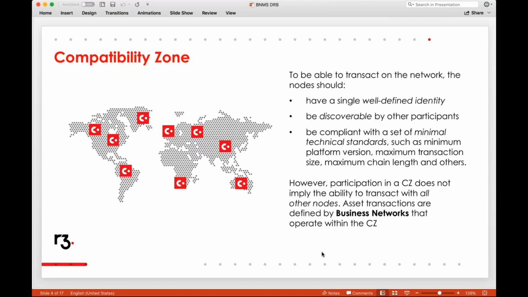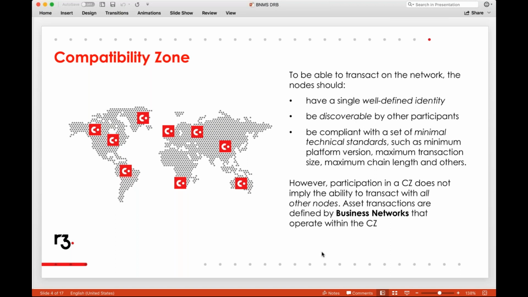Next slide, please. So to be able to transact on the network, nodes need, first of all, a single well-defined identity, and these identities are issued by the Doorman.